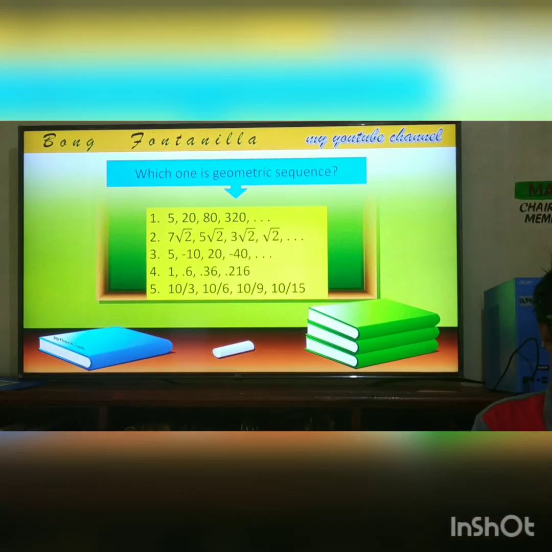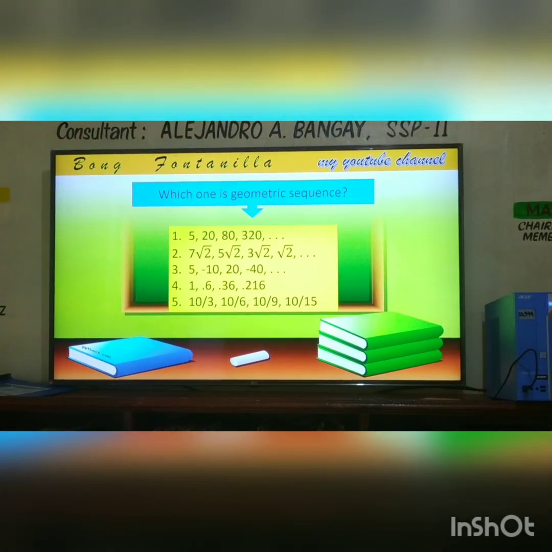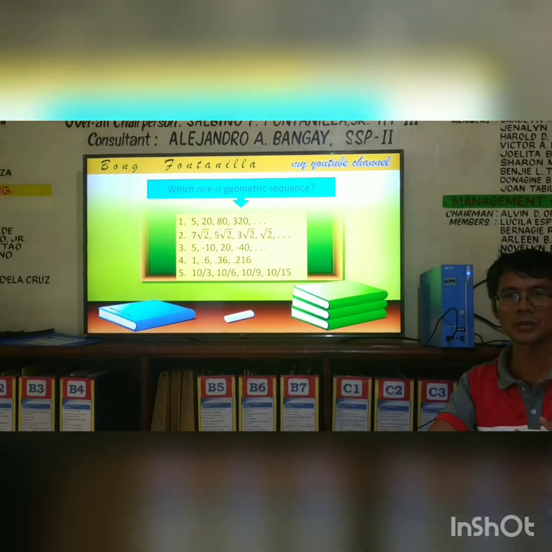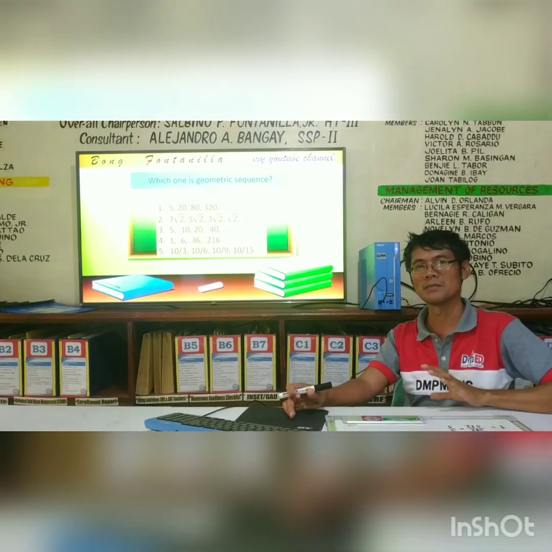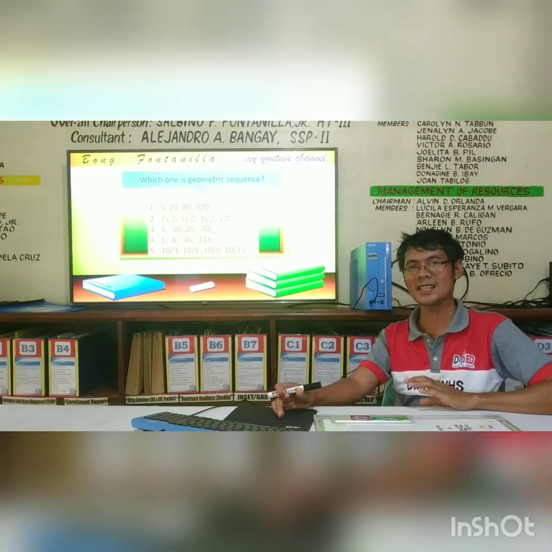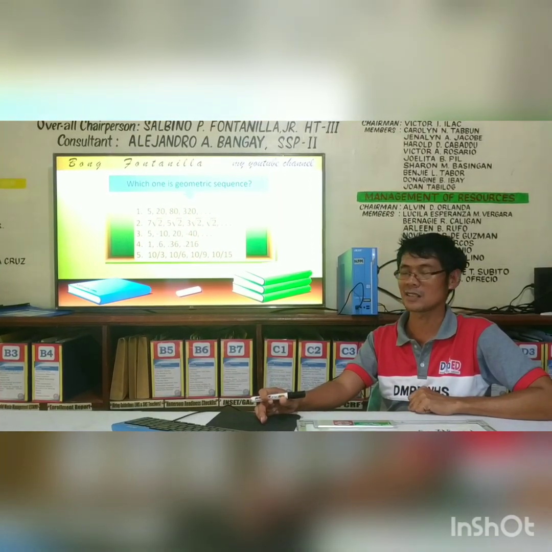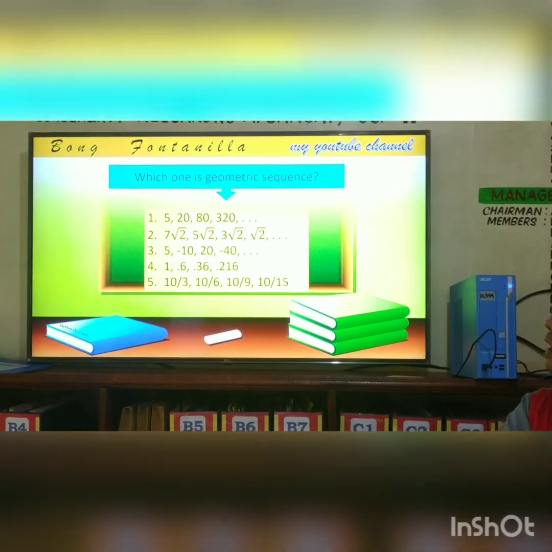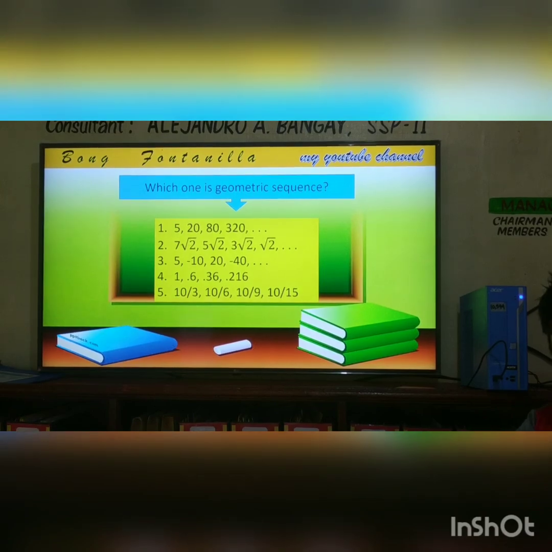Let us try to have this activity. Which one is a geometric sequence? For this activity, we will be able to identify whether an arrangement of numbers, or a sequence, is a geometric sequence based on its characteristics. So number one, you're given 5, 20, 80, and 320.